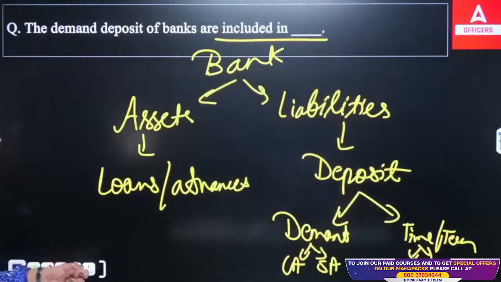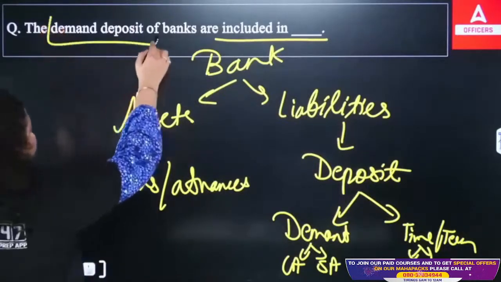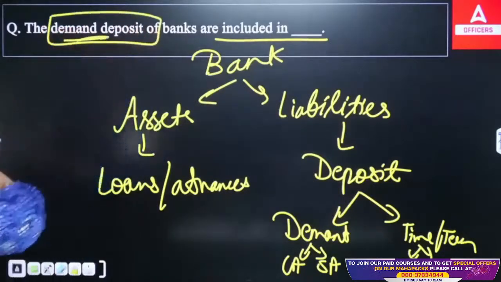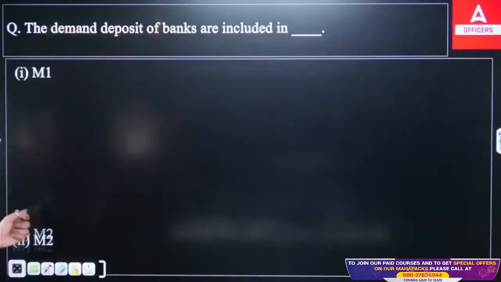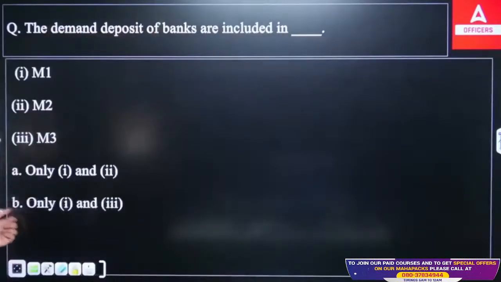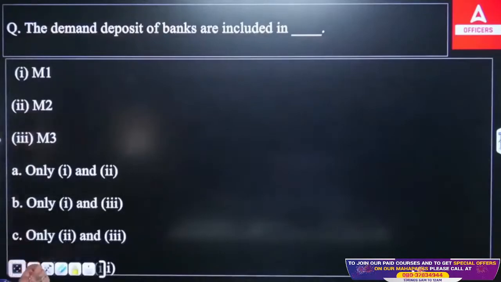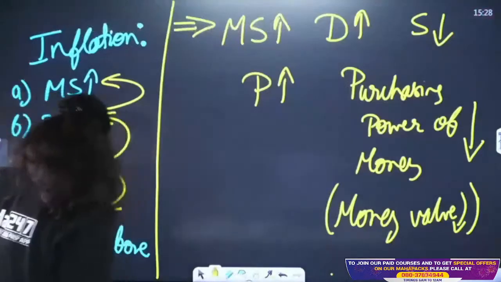Okay, so this is what the deposit is, and demand deposit means CASA. The question is asking which of the following includes the demand deposit. We have options M1, M2, M3. To answer such a question, you should know what M1, M2 and M3 are. Let's understand this.